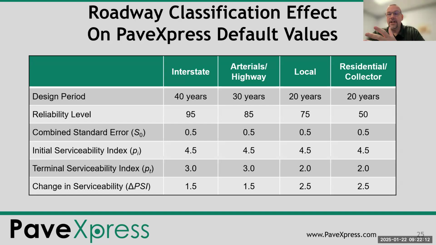That combined standard error, like I said, that's always 0.5. Then your initial serviceability is 4.5, and then you can see the terminal serviceability goes from 3 down to 2 based on that. So your change in serviceability, you got 1.5 for the interstate, so that's going to give you a thicker pavement section, and the 2.5 typically gives you a thinner pavement section.